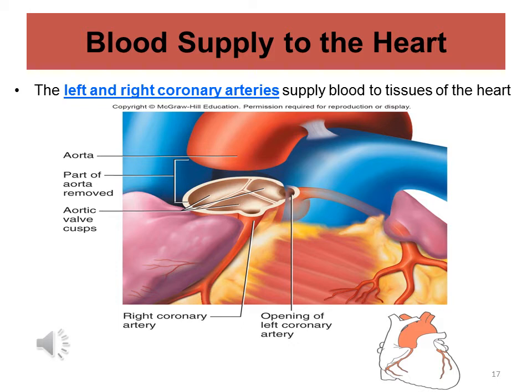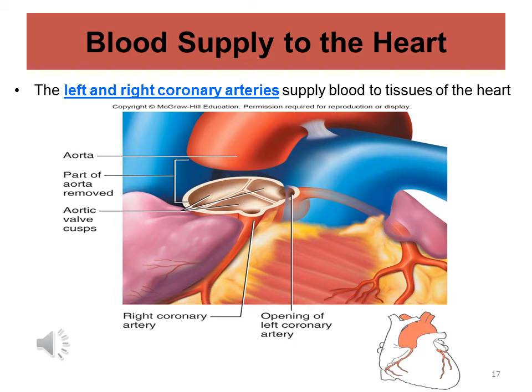The left coronary artery is going to supply the left ventricle, the left atrium, as well as the interventricular septum. And it is going to give rise to two other arteries called the circumflex and the anterior interventricular artery.